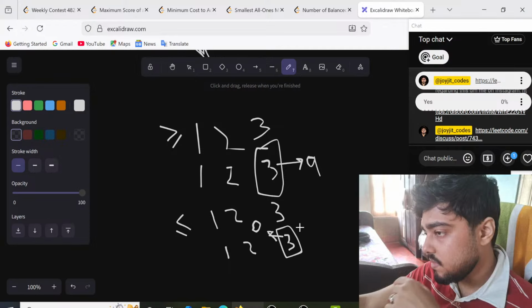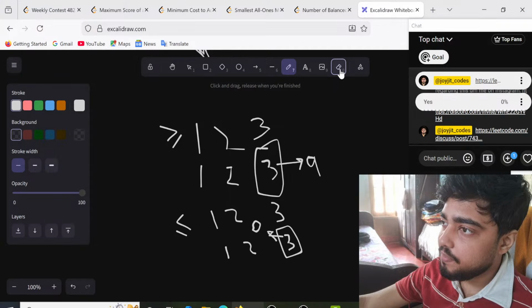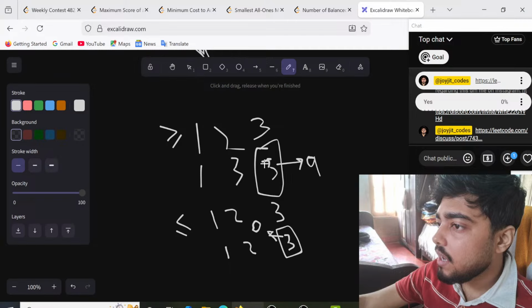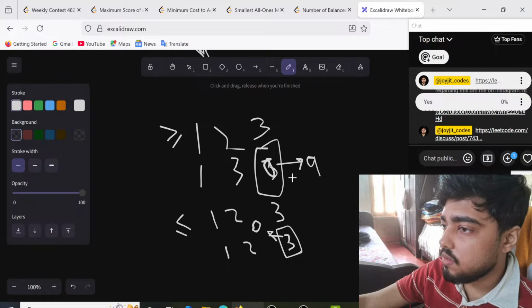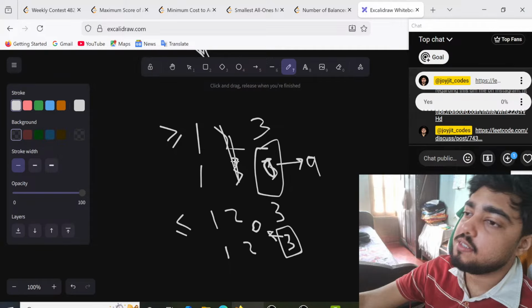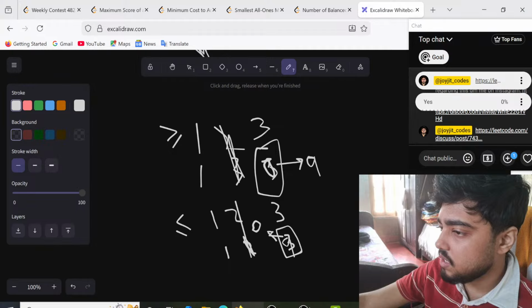These are the two cases. But if at this position we already had a 3, then it doesn't matter, we have to put a 3 over here. We can put a 0 over here also. We can put anything over here because we have already broken the tightness. Similarly, if this was a 1, we have broken the tightness. We can put anything from 0 to 9, not necessarily 3. So this is the tightness.